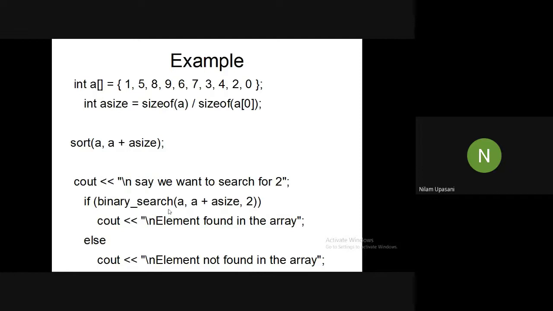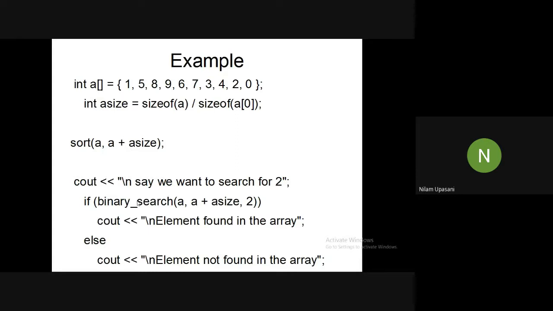So I am calling binary search. I am giving the input. Now if it gets the element, then it is true. Then we'll display element found in the array. Else we are displaying element not found in the array. So I need not write the logic of the binary search. Directly it is available, and I'm using predefined functions here. Okay, simply the proper address to be given, start and end address and the element that we are looking for.